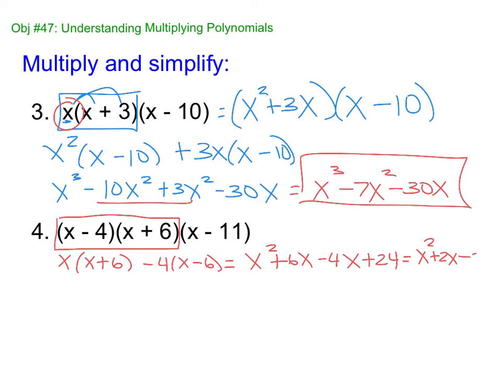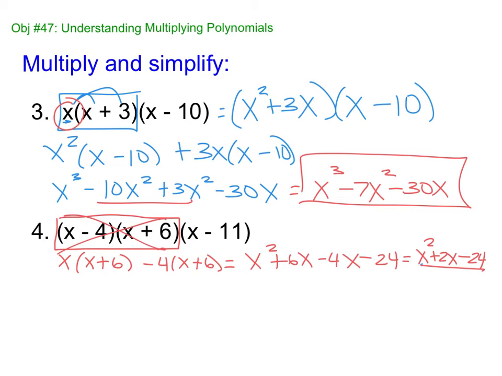Oh my goodness, my brain isn't working today. I wrote the problem wrong. Negative 4 times positive 6 is negative 24. So that's x squared plus 2x minus 24. Okay, so I got this guy. Now I'm done with these.